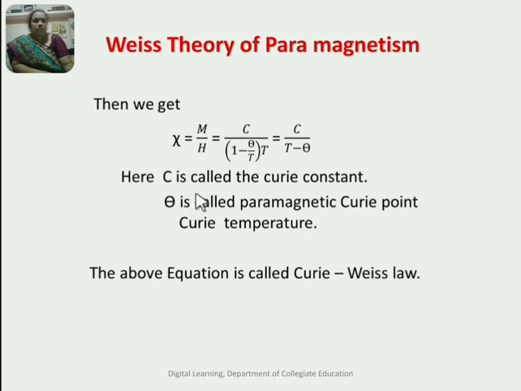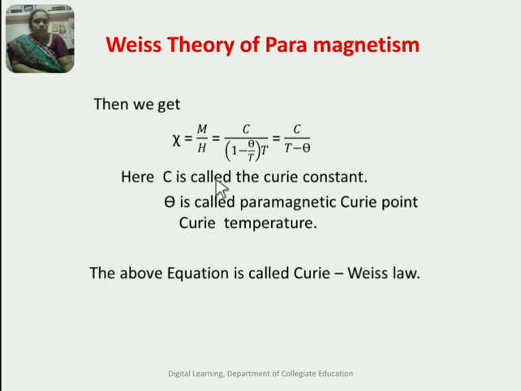Here C is the Curie constant and theta is called the paramagnetic Curie point or the Curie temperature. This equation is known as the Curie-Weiss law.